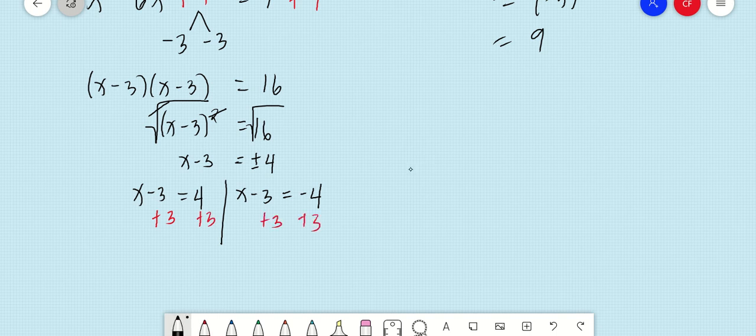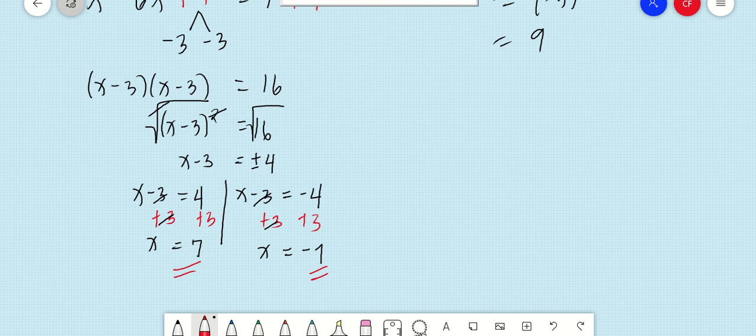So simplify. So x equals, cancel na to, eliminated na yan. So 4 plus 3, 7. Then sa right side, negative 4 plus 3, negative 1. So bali yung solution natin is positive 7, negative 1.